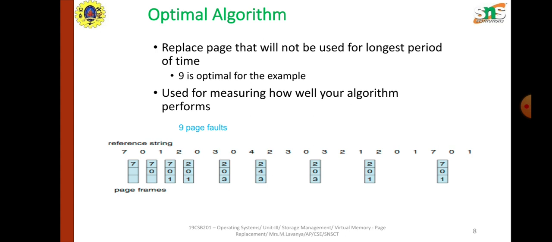In victim selection of optimal algorithm, the simple concept used is the data or the frame which is going to be used frequently in the next upcoming string will not be selected as victim frame. The data available is 7, 0, 1.